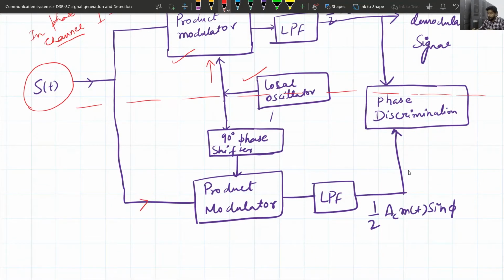The other channel is called the Q channel, or the quadrature channel, because the local oscillator is applied with a phase shift of 90 degrees and then applied to the product modulator.